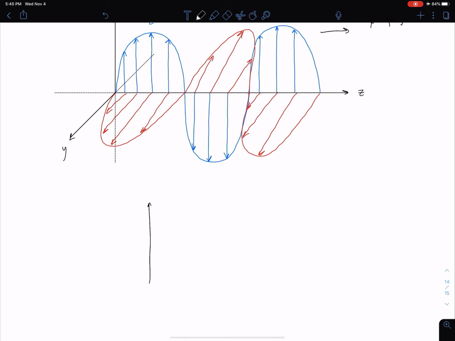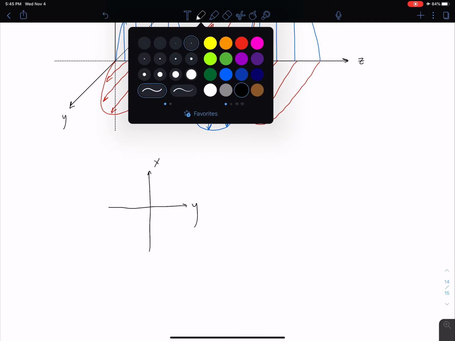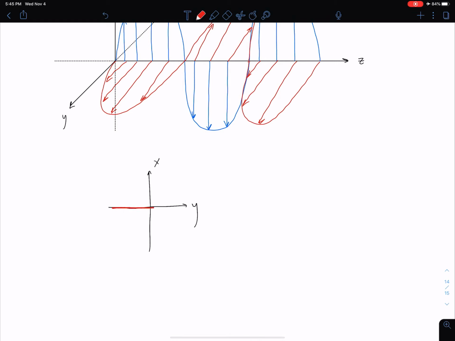So if I draw this in 2 dimensions with our x and our y, we have our magnetic field along our y-axis, so that would be our H, which is equal to some magnitude H naught times cosine omega t in our y direction.